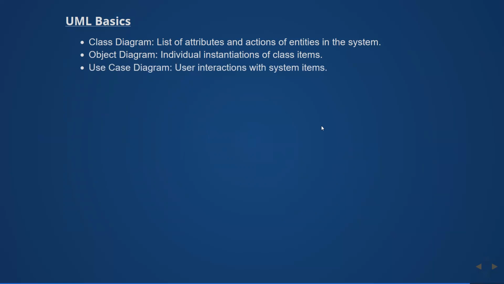So you have use case diagrams, which talk about how users interact with the system as a whole or individual components within it. You have state diagrams, which talk about the different situations the system or component can be in.